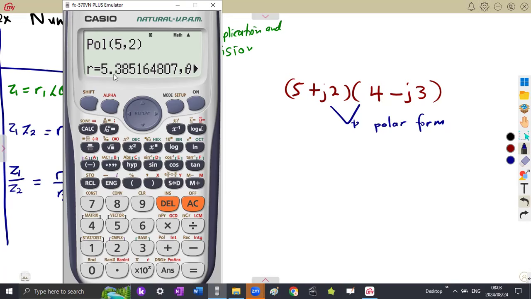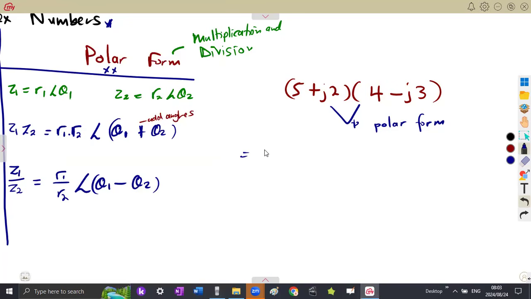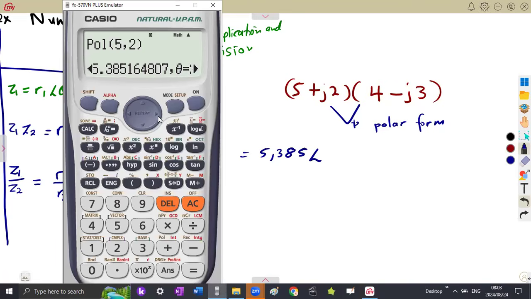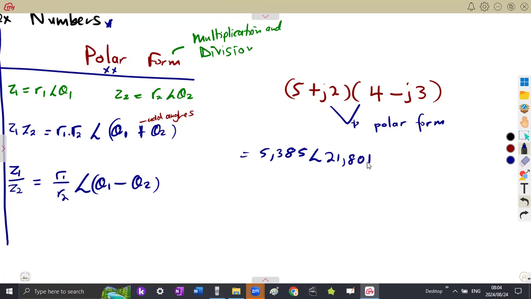So R is 5.385. The angle theta is 21.801. That is the first part that we are having, which is going to multiply this.